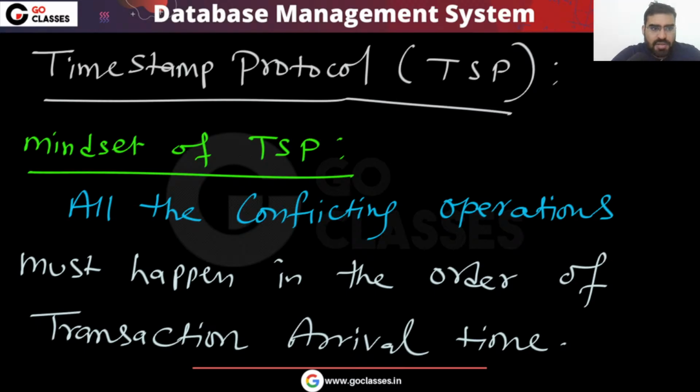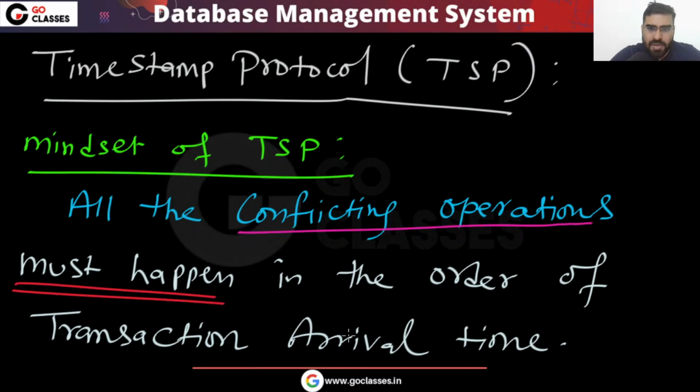Is this clear to everyone? This is important, that all the conflicting operations must happen in the order of transaction arrival time.